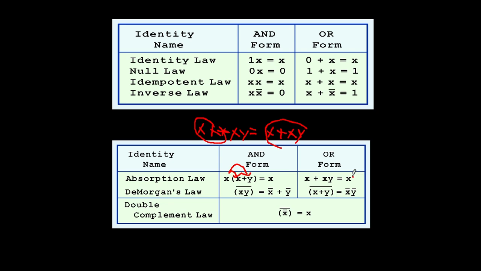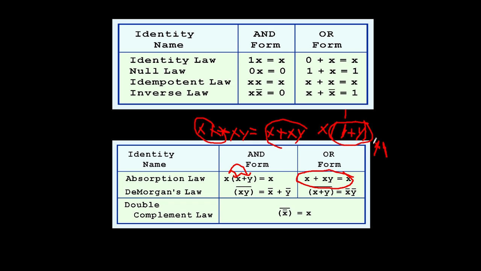Here's the law: x or xy equals x. How did I do this? If I take x as common, I'm going to be left with 1 or y. 1 or 0 is going to give me 1. 1 or 1 is going to give me 1. So this is going to be always 1. So my answer will be x and 1.